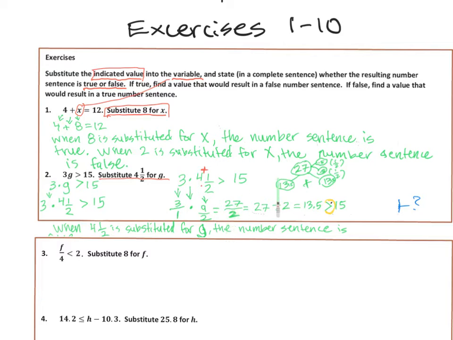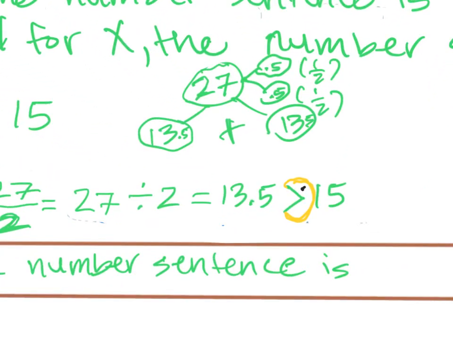We would need the answer to be over 30 here, because 30 divided by 2 is going to be 15. This is not an equal sign. This is a greater than sign. So this has to be equal to 30.1, at least to be more.